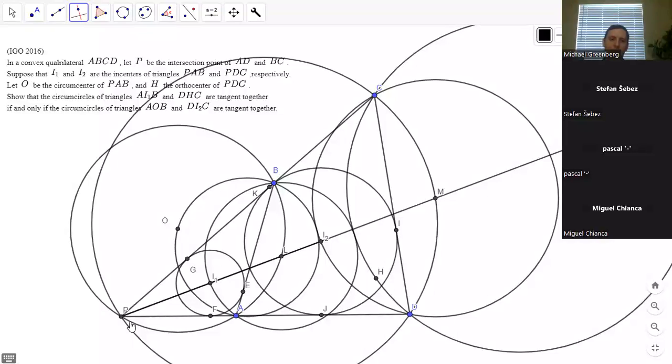I wonder if it's like a root BC inversion about point P. The only thing is ABCD isn't cyclic, so that's what makes this tricky. Yes, I agree. Root BC inversion makes sense to do. But it is pretty weird, the problem, just because A, B, C, D are just random.